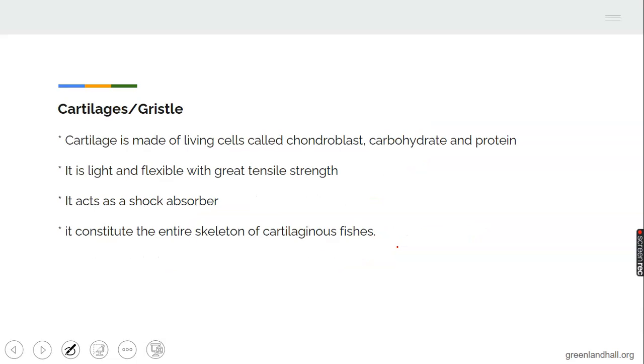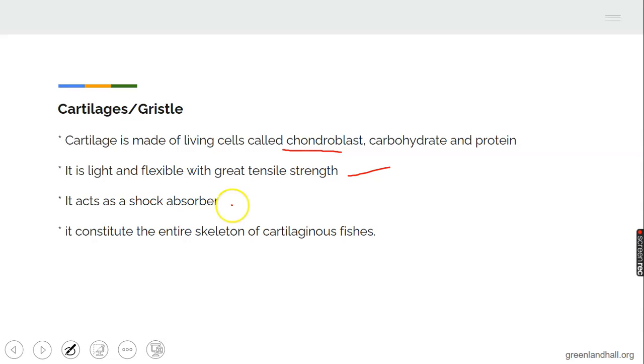Cartilage or gristle. Cartilage is made up of living cells called chondroblasts. It is also carbohydrate in nature and protein. Cartilage is light, flexible, with great tensile strength.